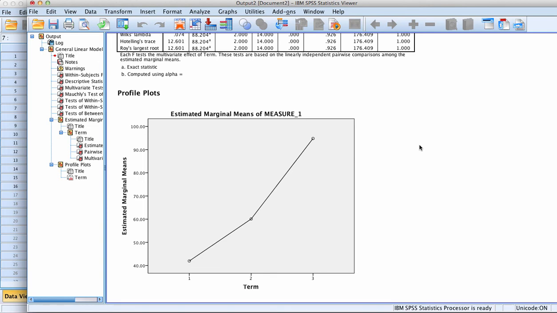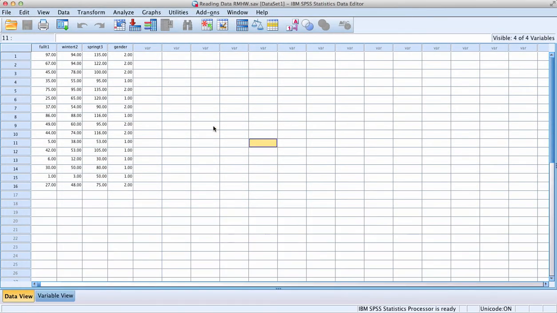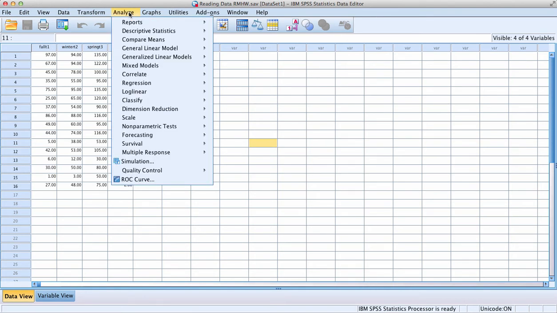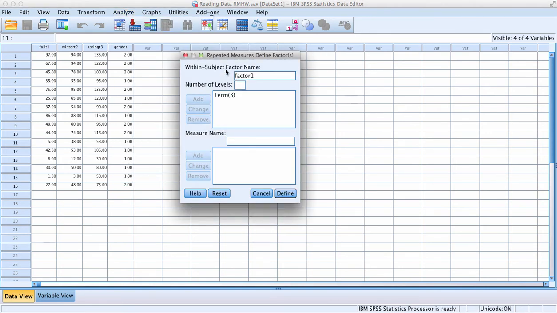Now we'll go back to our analysis, and in addition to doing the one within, now we'll do what's called the one within and then one between. So we'll be comparing the within group, or I should say the within levels, fall, winter, and spring, and then we'll also compare these across these levels by gender. So to do this, we go to Analyze again, General Linear Model, and Repeated Measures.